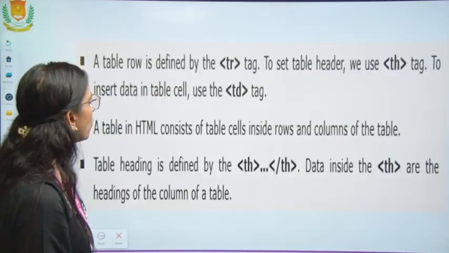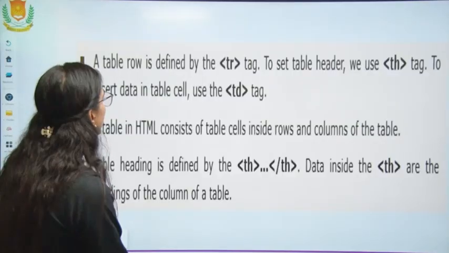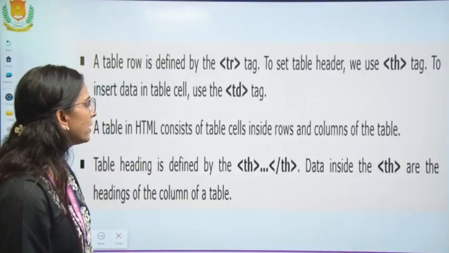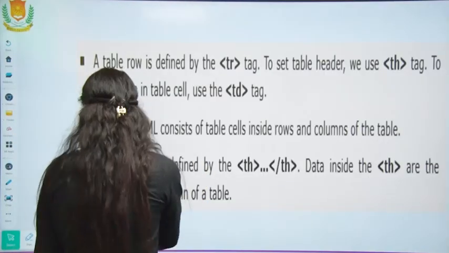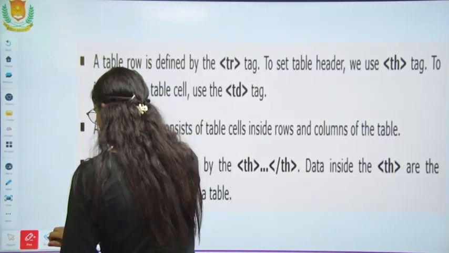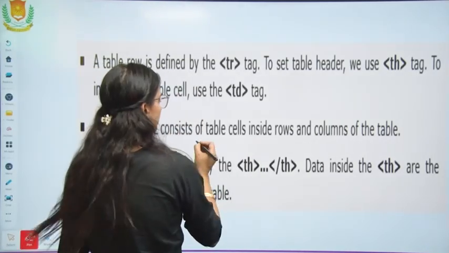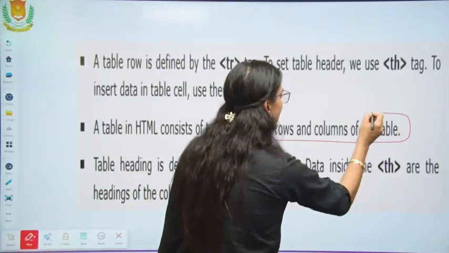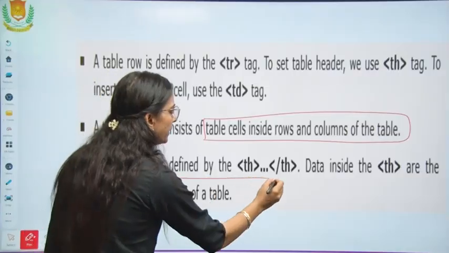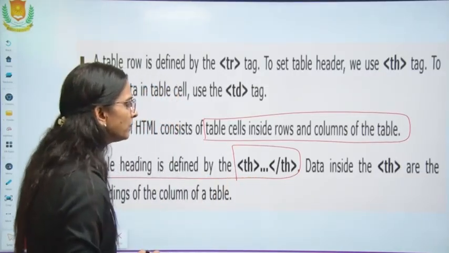A table row can be defined by the tr tag, and a table in HTML consists of rows and columns, and table headings can be defined with the help of table headers.